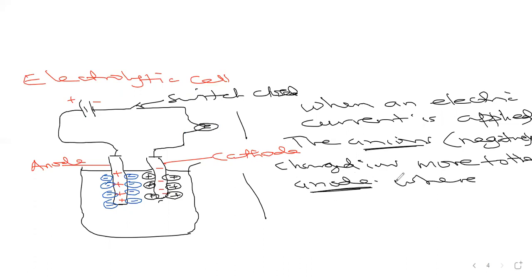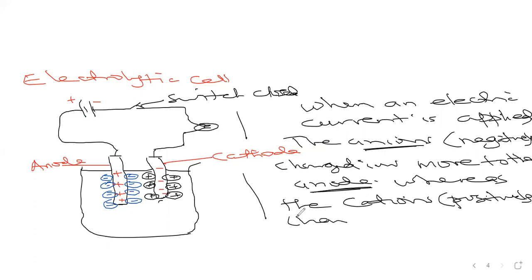Whereas the cations, in brackets, positively charged ions, move to the cathode.